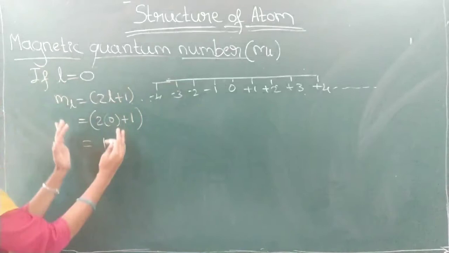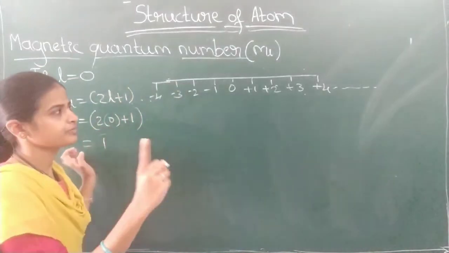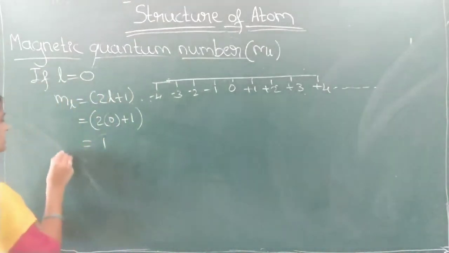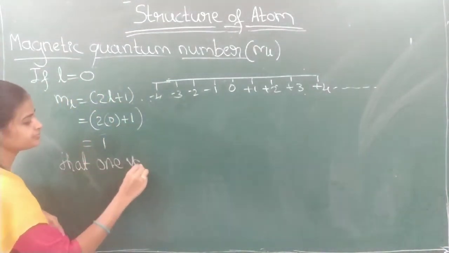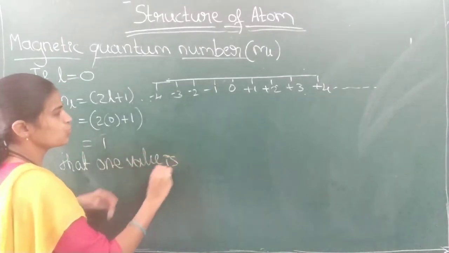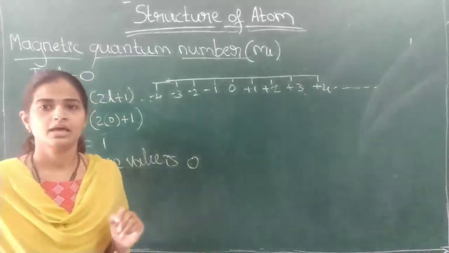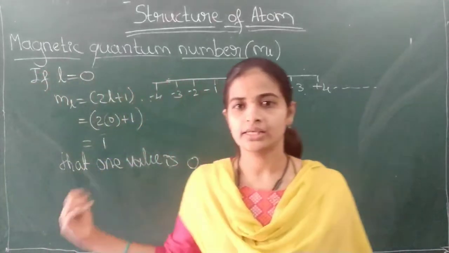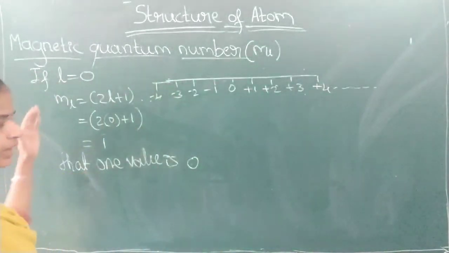After substituting in this formula, I got one number. That one value is, take from the middle, that is 0. I know that it is not clear to you, but when I take the second example, it will be clear to you.